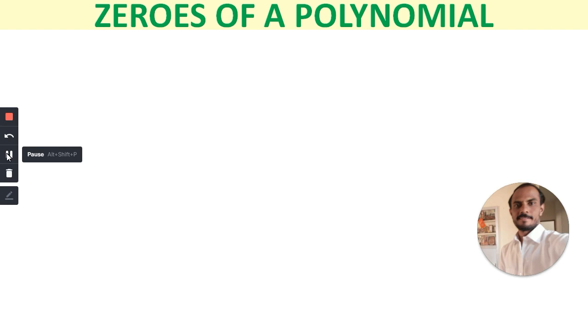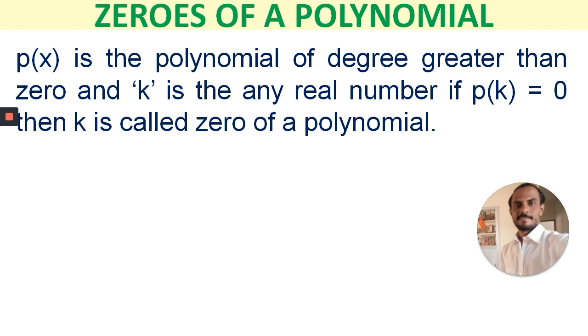The zeros of a polynomial concept is like this, students. See here, it is a statement. P of x is a polynomial, any polynomial. P of x is one of the polynomials whose variable is x. It is not compulsory that it is always x. We have to consider one variable, that's why I considered x here. P of x is a polynomial of degree greater than 0. The polynomial we consider should not be a constant polynomial.